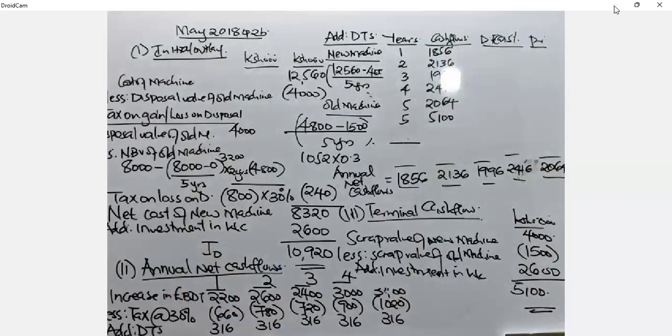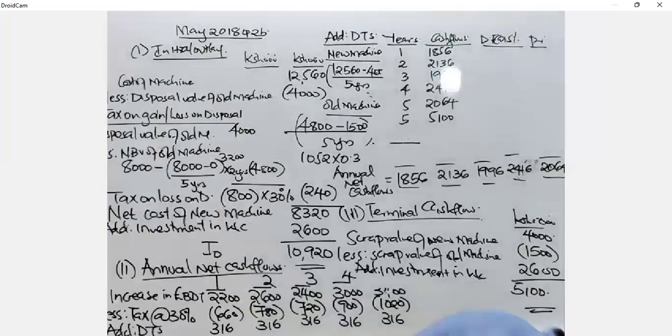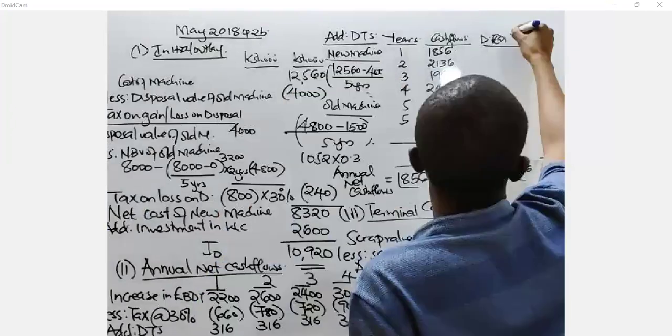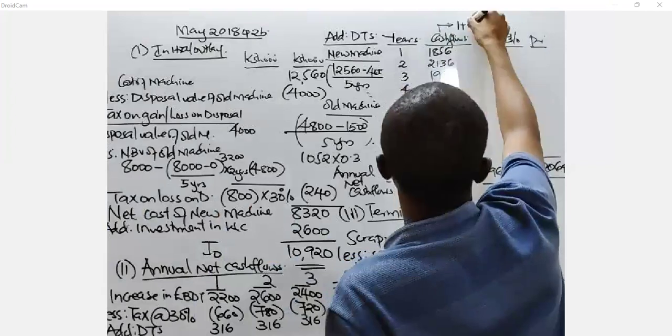In this case, the discount factor, is it 13 or 15? Let me see. The discount factor of ours is 13, sorry. It should be 13%. And because this is a lump sum, it's very important for us to use formulas.